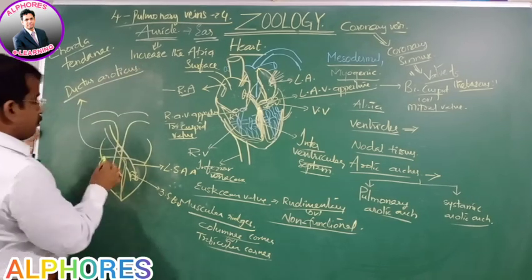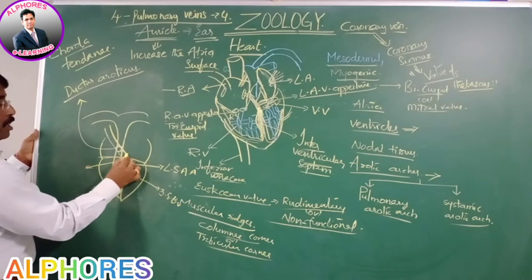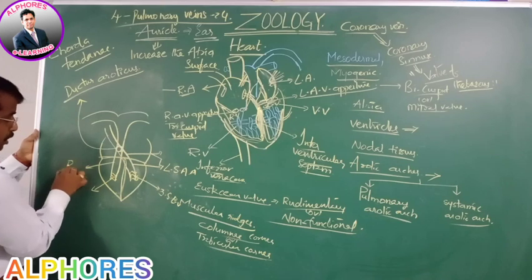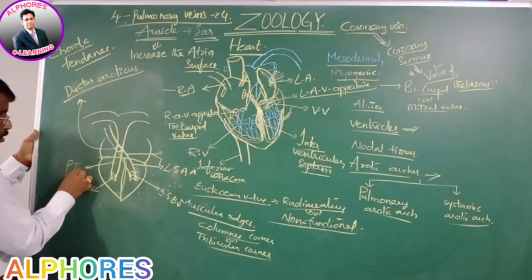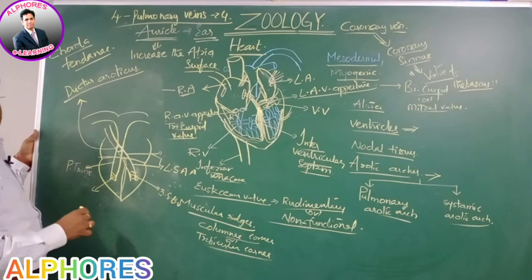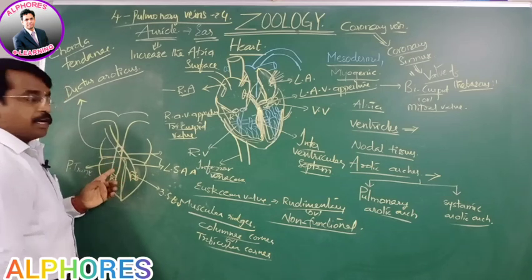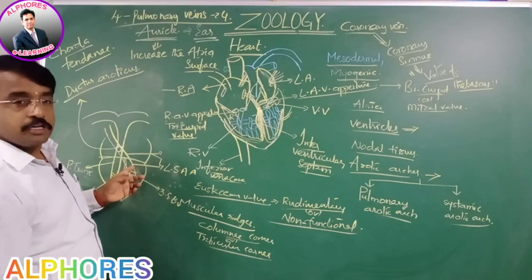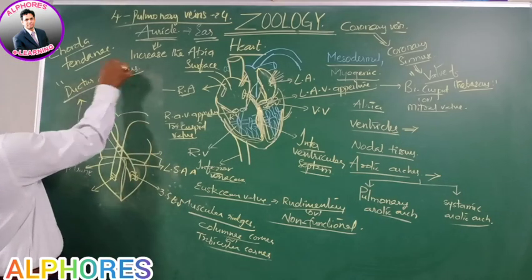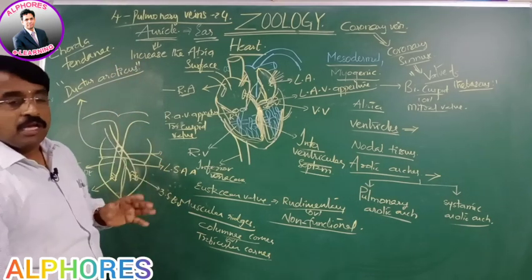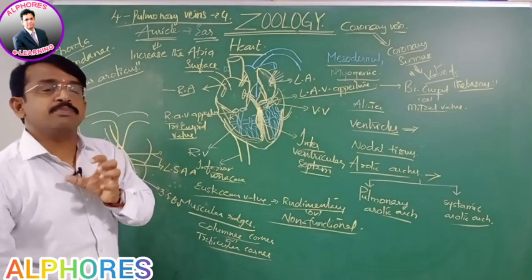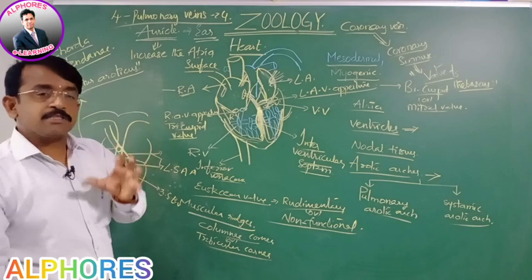At the contact of the pulmonary trunk, or pulmonary aortic arch, and the left systemic arch, there is a blood vessel named the ductus arteriosus. This is present embryonically, at the fetal stage.